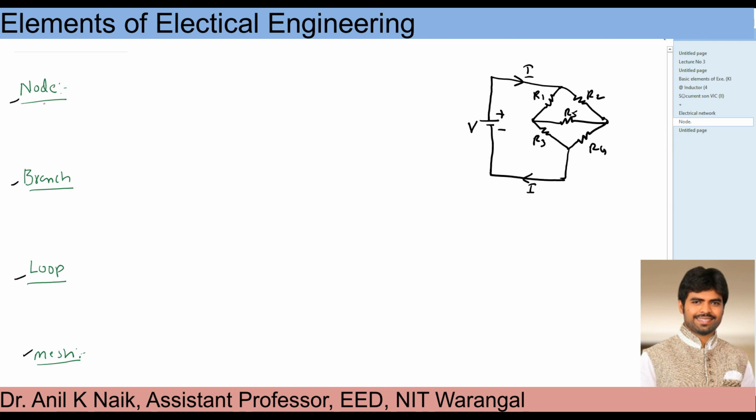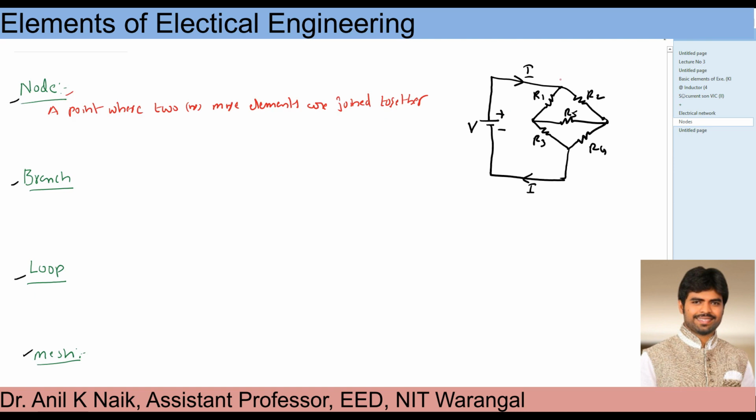The definition of a node is a point where two or more elements are connected together. It is called a node.